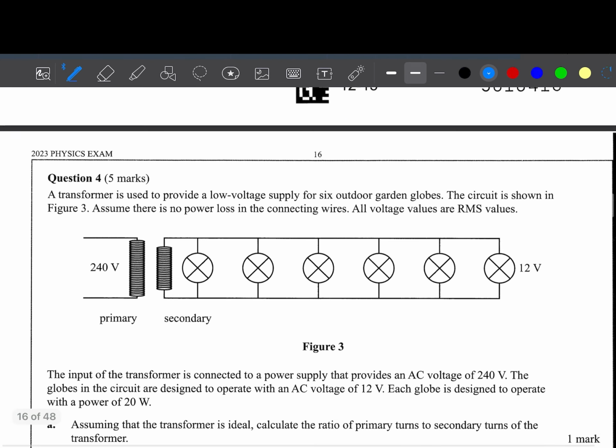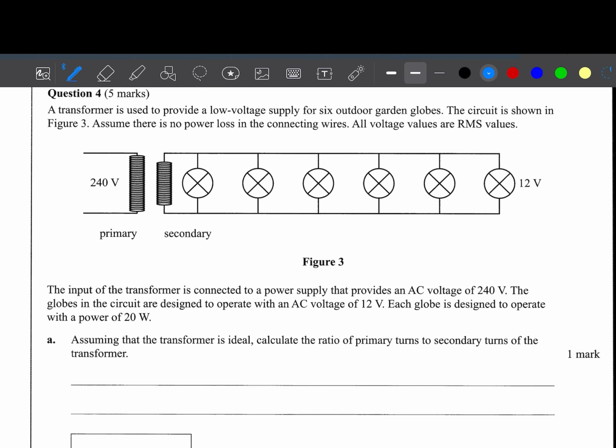Okay? Moving on, a transformer question. So a transformer is used to provide a low voltage supply for 6 outdoor garden globes. The circuit is shown in figure 3. Assume there is no power loss in connecting wires. All the voltage values are RMS values.